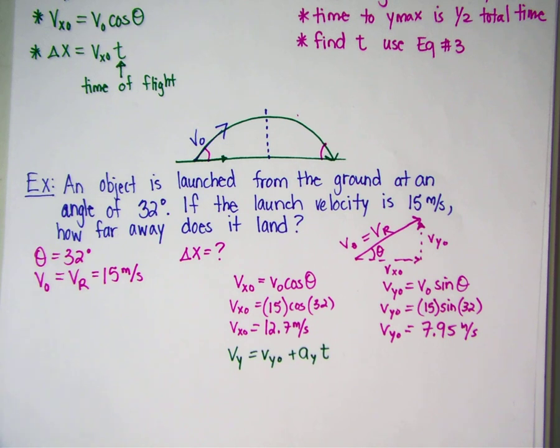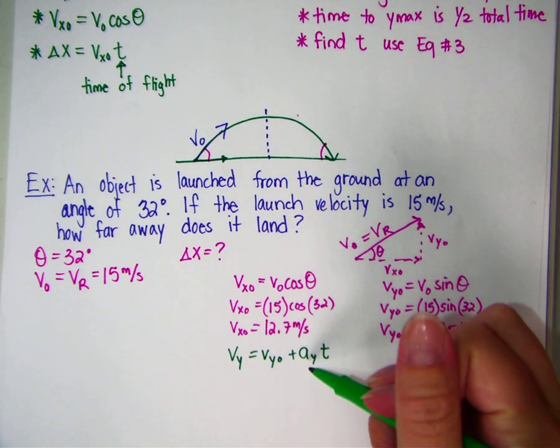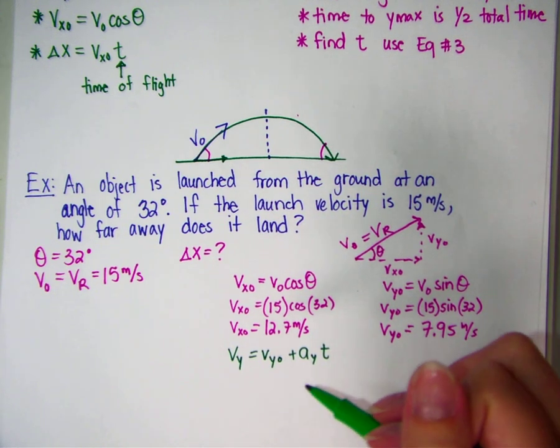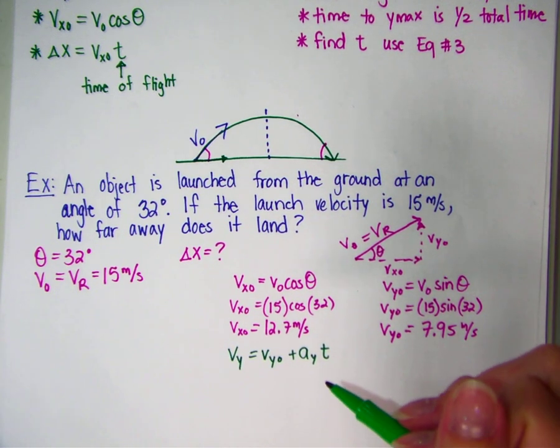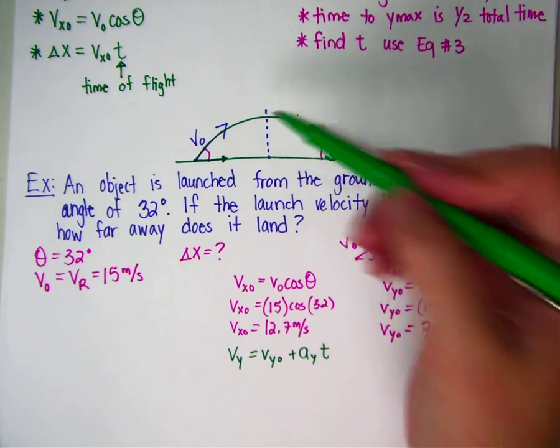You can use your knowledge that at the maximum height, the velocity is 0, so I can plug 0 in here, Vy0, -10, and find t. But if you do that, you must double the time, because that will only give you the time of the halfway point, right? Ymax is at halfway.